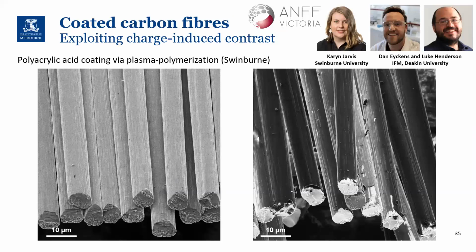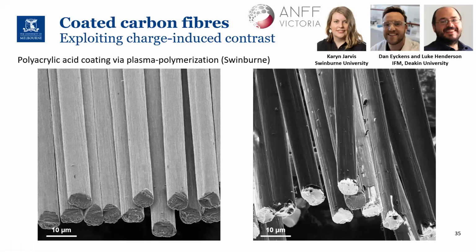This is now a bit of a collaboration between multiple Ant Victoria hubs. So we're looking at carbon fibers here, and we're looking at coated carbon fibers to change their surface properties. On the left, we have pristine carbon fibers imaged within the microscope. And on the right, we now have plasma polymer coated carbon fibers.